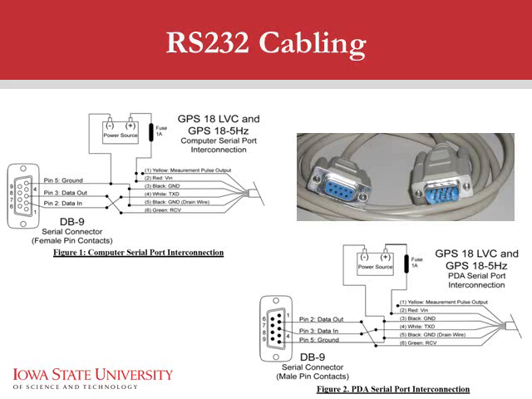If it's going to a computer, then we would use the configuration on the left. If it's going to a PDA or other type of handheld or display device, then we use the application on the right. When it comes time to decide your exact configuration for your piece of equipment, this is where the manufacturer would often provide the cable that would ensure that you'll have the right connection.